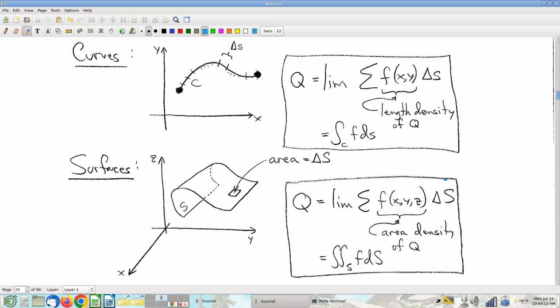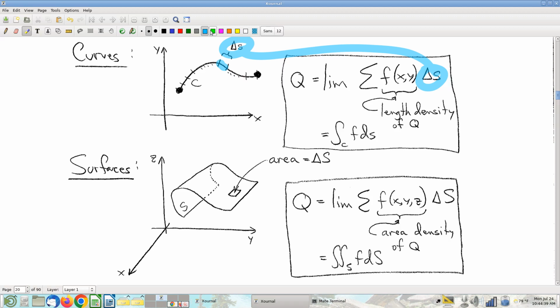For example, if I'm interested in some quantity, maybe I want to compute the mass of a bent wire where the mass per unit length is different in different places. Well, I'd break it up into little pieces, and a little piece like that would have a length.